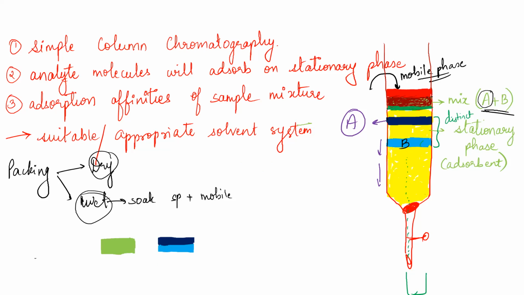Can I say that this is distinct separation of A and B? Can I say that the second one here is the distinct separation of A and B? This is A and this is B. Are they separated completely, distinctly? Can I say?